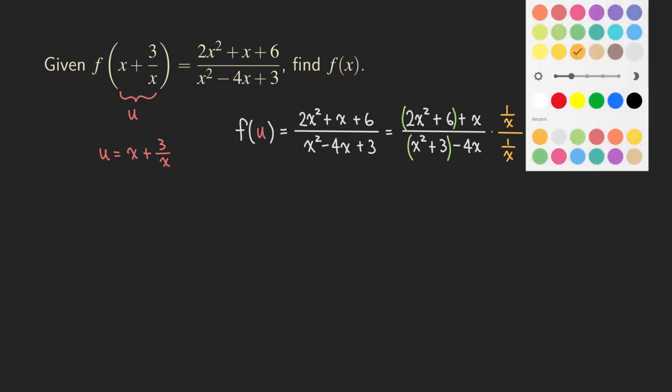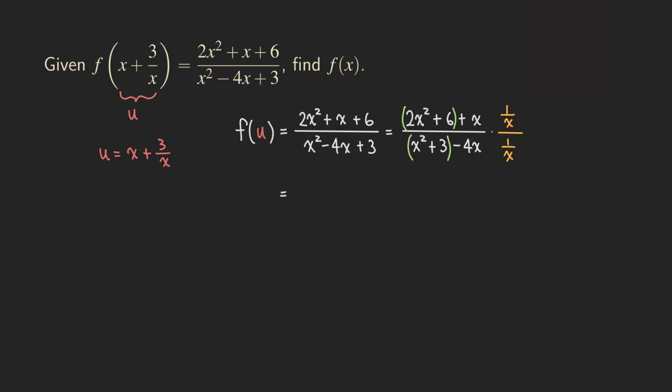And now what are we going to get? Let's take those and multiply by 1 over x. 2x squared times 1 over x will give us just 2x. Then plus 6 times 1 over x, which is 6 over x.